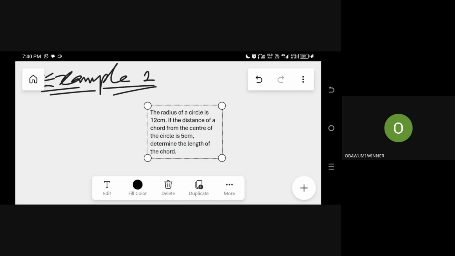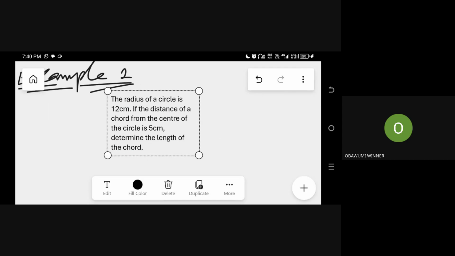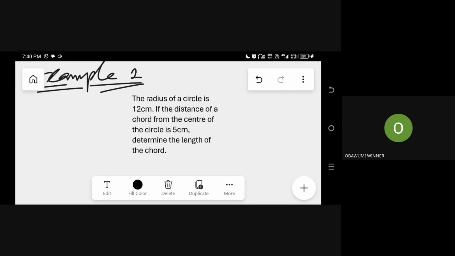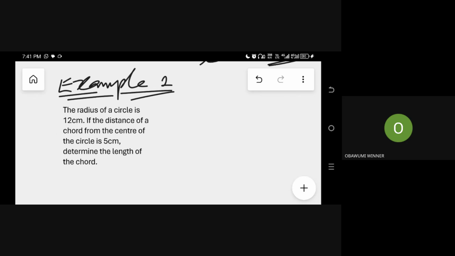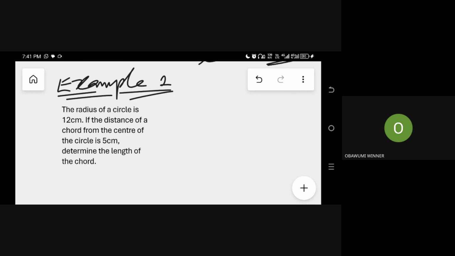So in a question like this, you'll be expected to be able to put these values into the circle by yourself. That's why I was telling you guys that you'd have to know what each of those statements stands for.